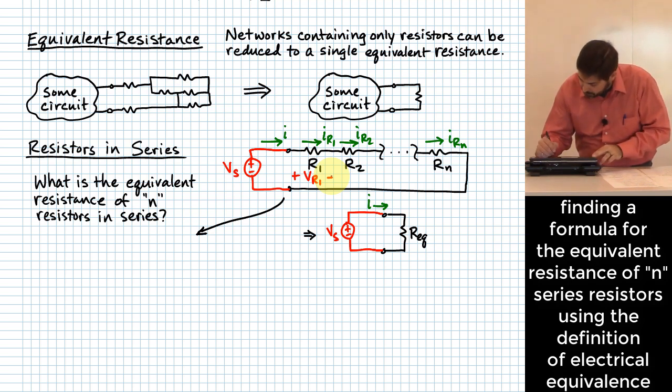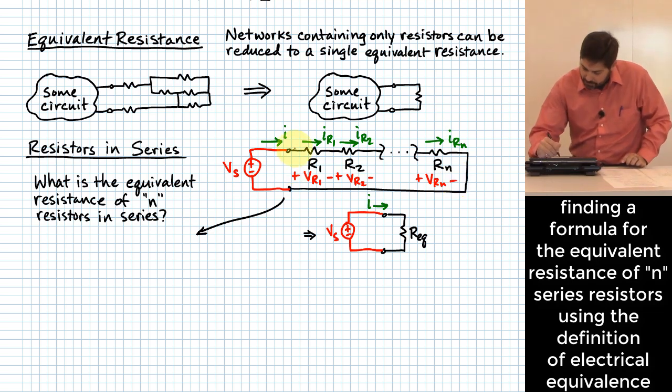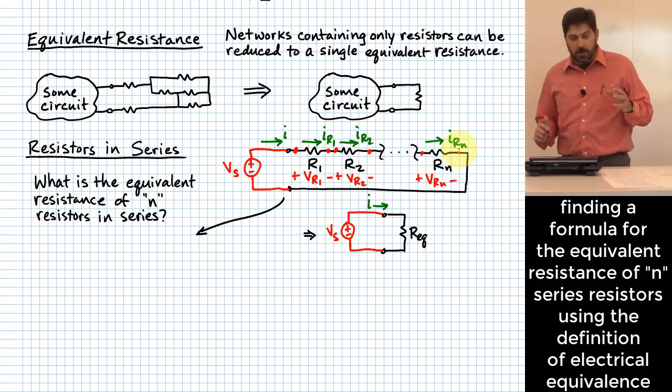I can do that for the other ones as well. For R2, I'm going to call that VR2, and for Rn, VRN. Those are measured right up here on the connection points for these resistors. So far, so good, right?